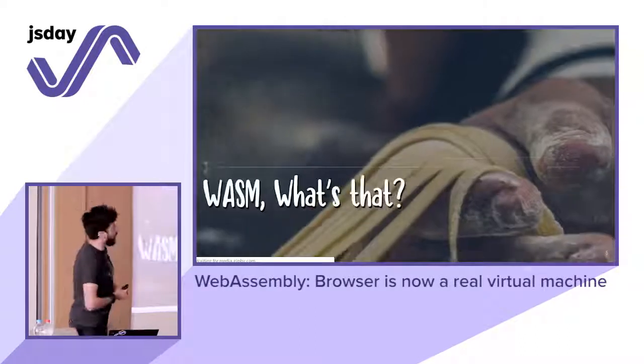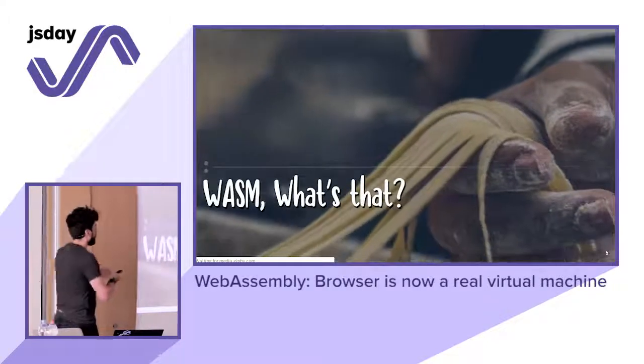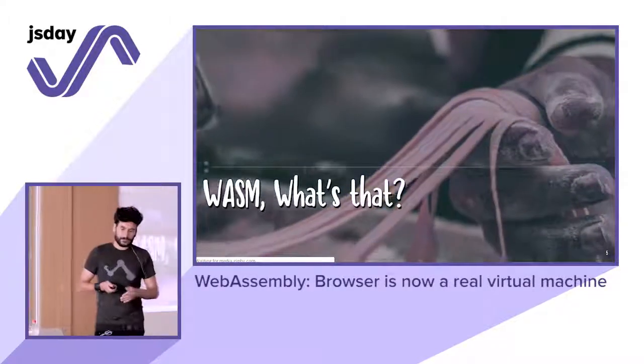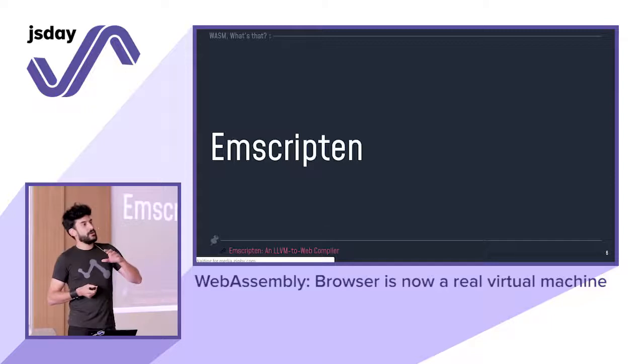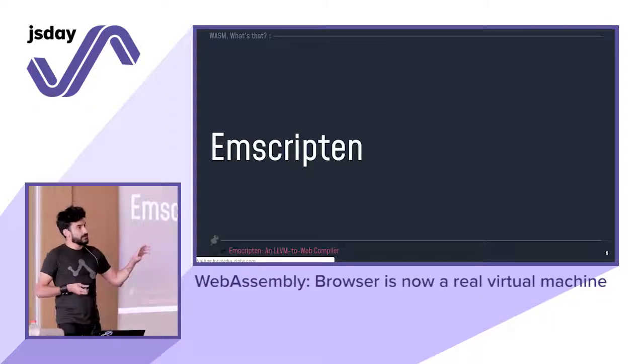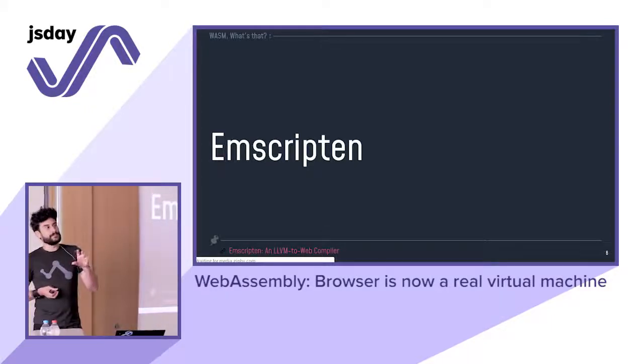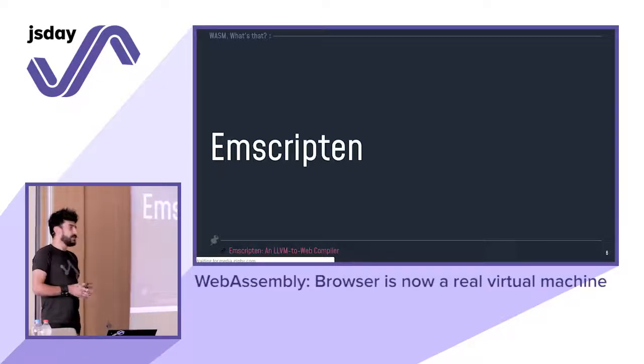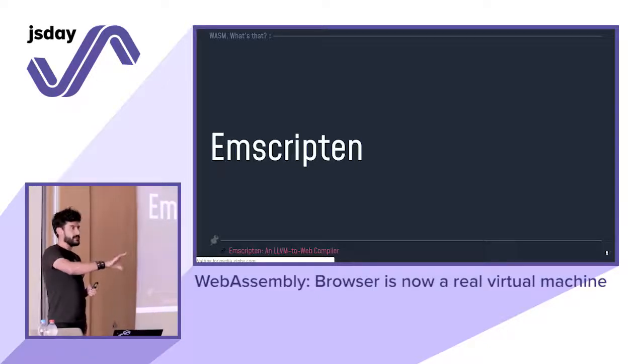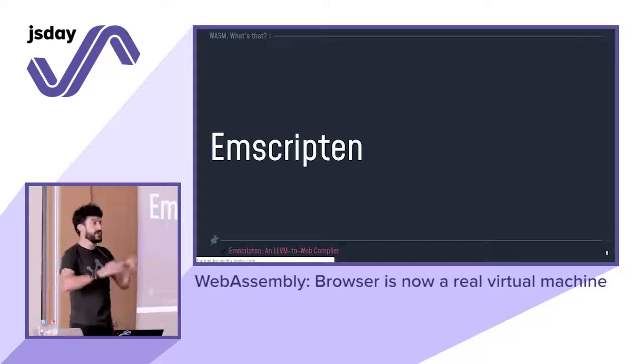So what is WebAssembly, and how does it work? The first try came with Emscripten. Emscripten is a module, let's say a plugin, for LLVM. LLVM is a compiler, like GCC, but a modern one.